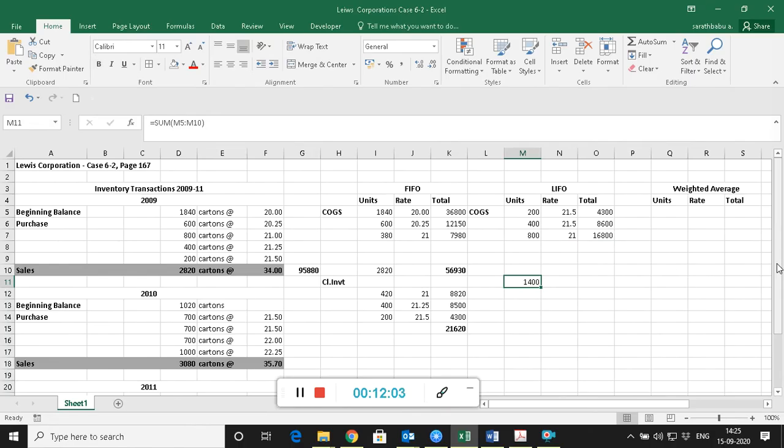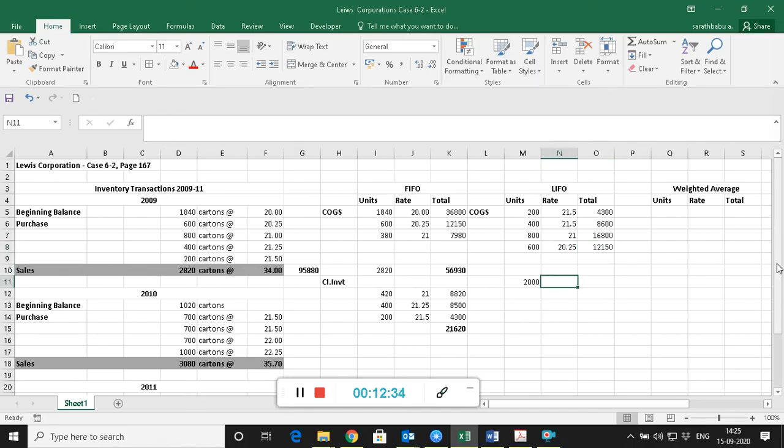No. So which means I can still proceed to the next lot. What is the next lot here after 800 when I come from the recent one? The next lot is 600. So let me issue 600 at the rate of 20.25 and the total is 12,150.